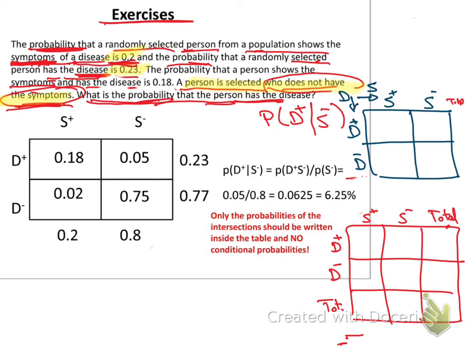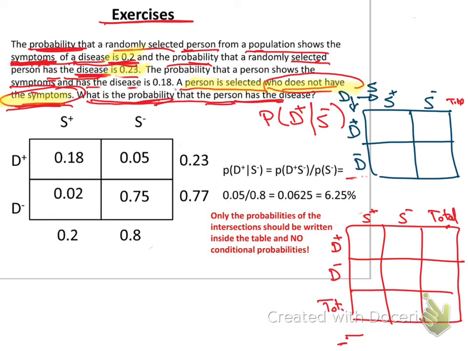So the probability of the person having the symptom, the total, is 0.2. This is the total probability of the person who has the symptom. What is the symptom here?